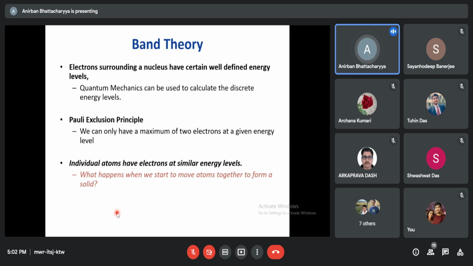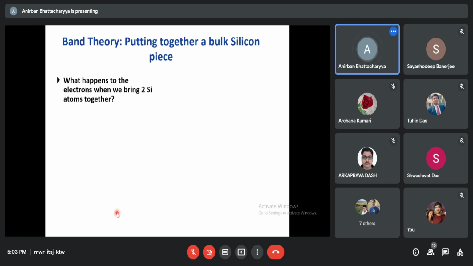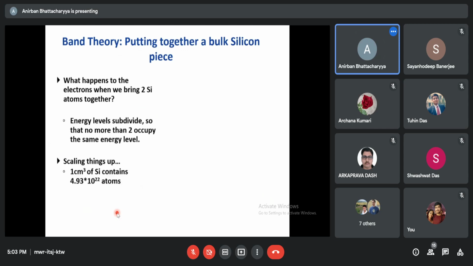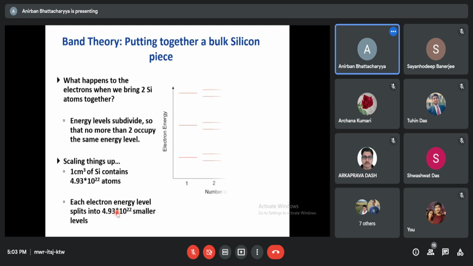What happens when we start to move atoms together to form a solid? If there are two, energy levels subdivide. And silicon has a very, very large number of atoms, so it keeps splitting, and finally you form bands.